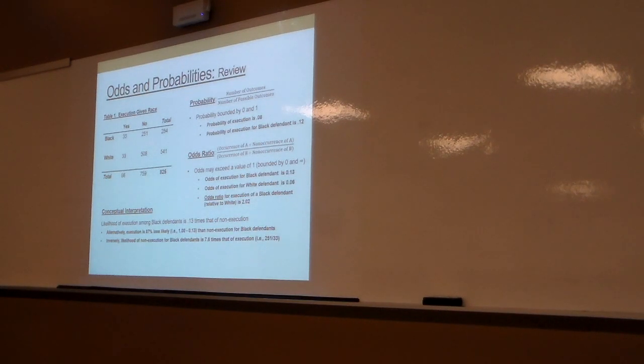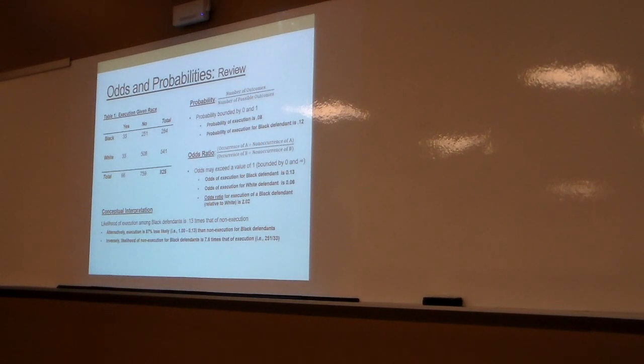Or what I can do is flip this around, right? Instead of looking at the odds of execution, I could report this in terms of non-execution, so I just flip my categories around. I take 251 divided by 33. Now I'm reporting this in terms of the likelihood of non-execution versus execution.